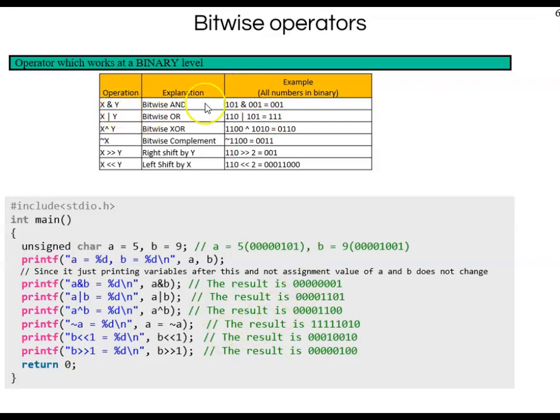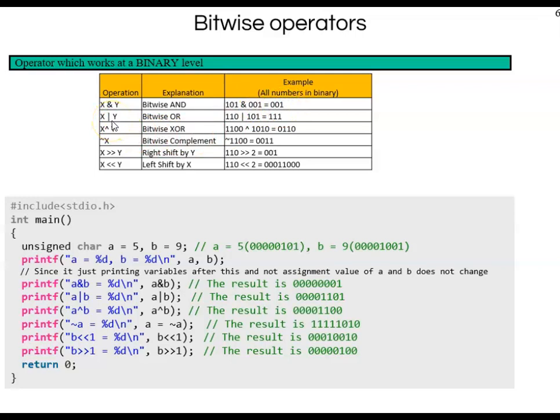So if you're looking at 5 ampersand 1, right? So 5 in binary format is 101. Bitwise AND 001. So when you do a bitwise AND, 1 and 1 is 1, 0 and 0 is 0, 1 and 0 is 0. So 001 is the answer. So answer will be 1. So 5 and 1 is 1.